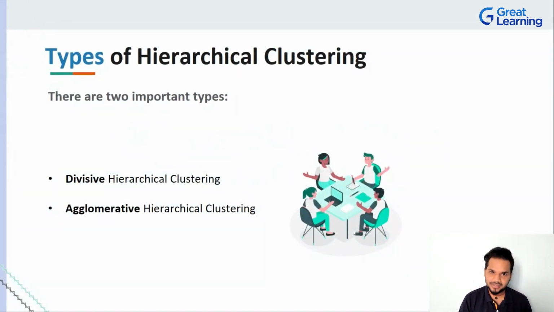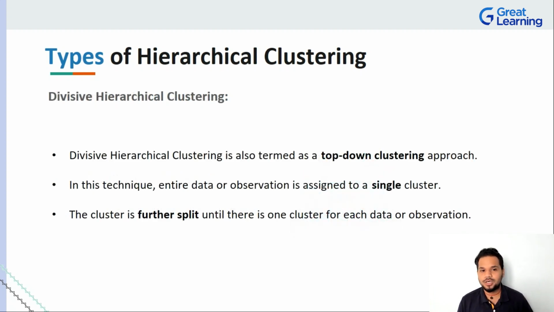There are two very important, very critical types of hierarchical clustering: divisive hierarchical clustering and agglomerative hierarchical clustering, right? If you can figure out the meaning in the names divisive and agglomerative, you can actually figure out what they mean.